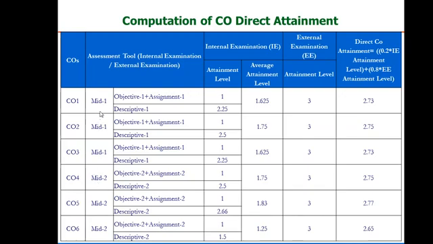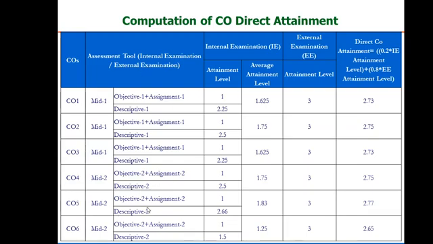Then for every mid, as in the earlier table we defined, midwise we have objective plus assignment, then descriptive. So wherever mid 1, the same combination we have to take, and wherever mid 2, objective test 2 plus assignment 2 together, then descriptive test 2.